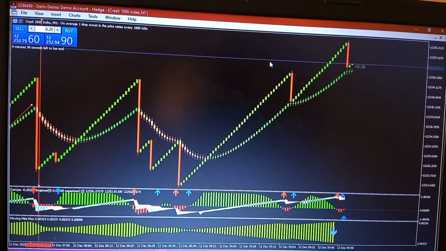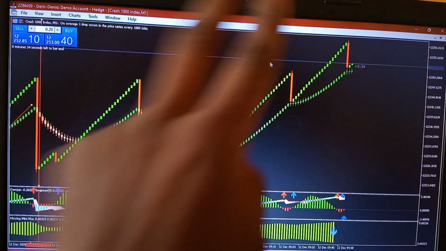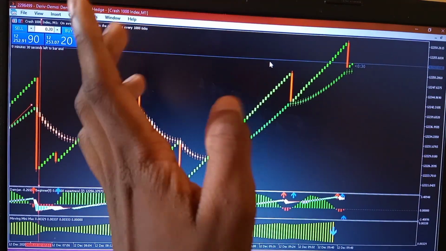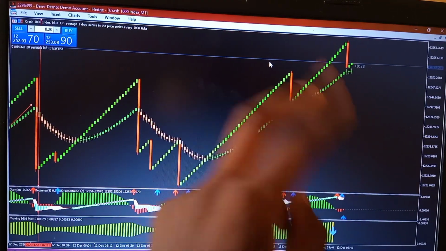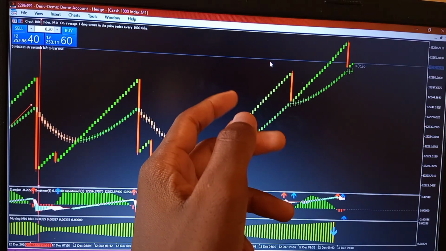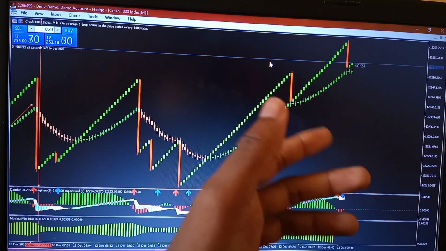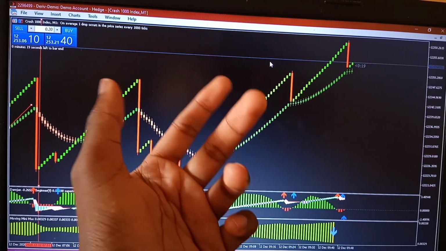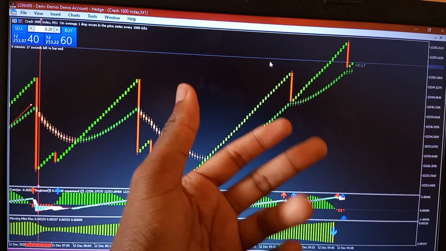To summarize how this spike detector works, there are two ways you can trade with it. One is trading when it gives you a signal that there'll be a spike, you can trade with that spike, but sometimes it can be late.